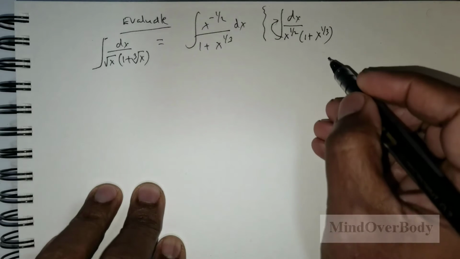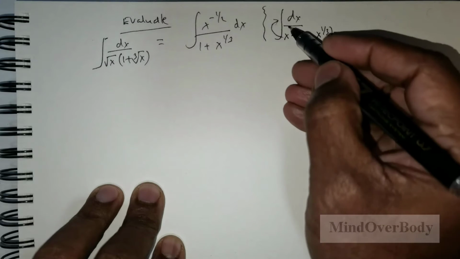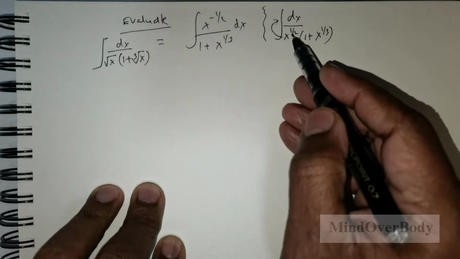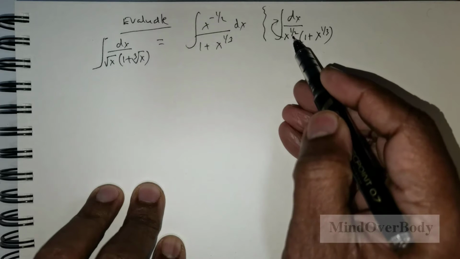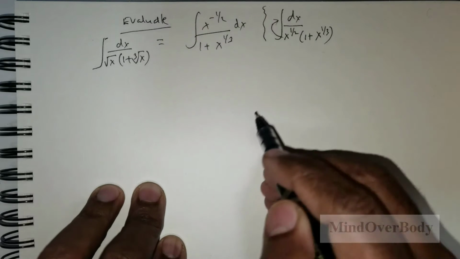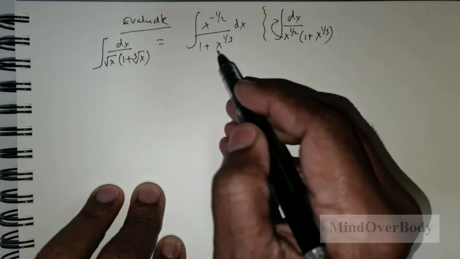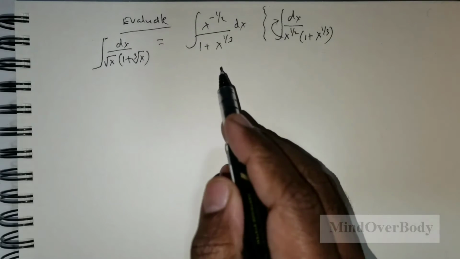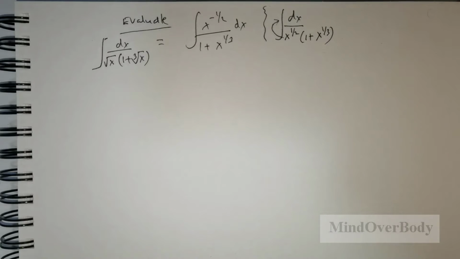Now how could I move that to the numerator? Just by reversing the sign of x raised to the power 1/2. So if I were to do that, this would go to the numerator. Now, we have been given this as a question, so we are expected to solve this.